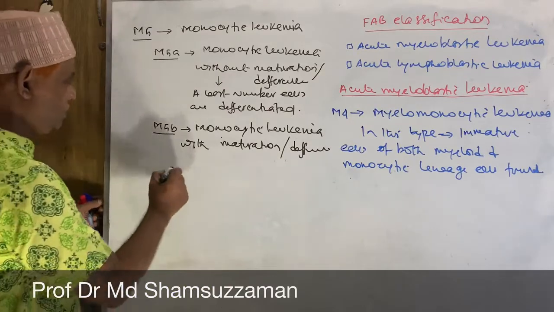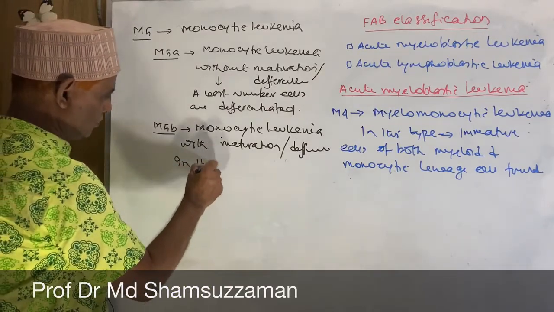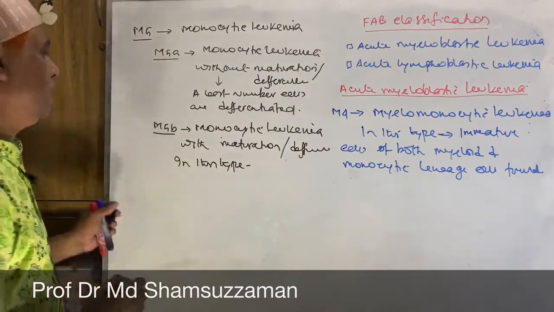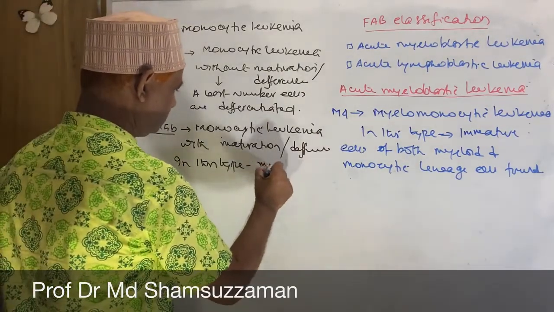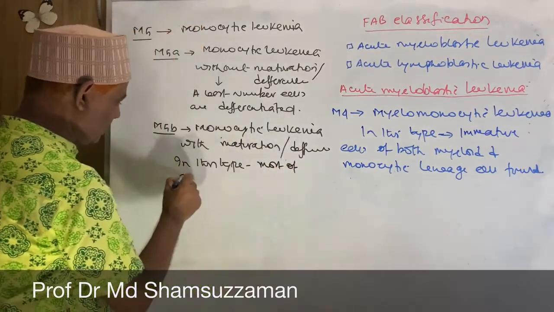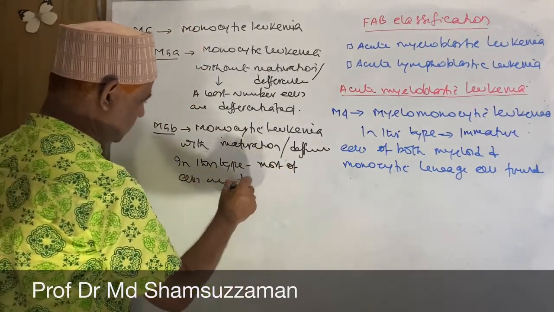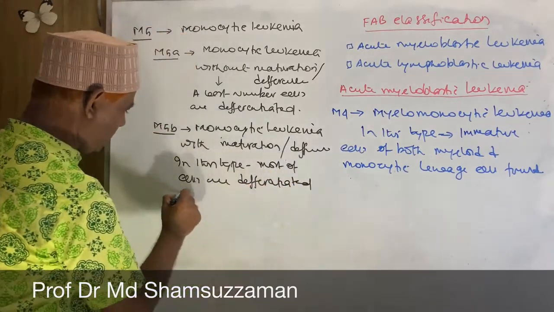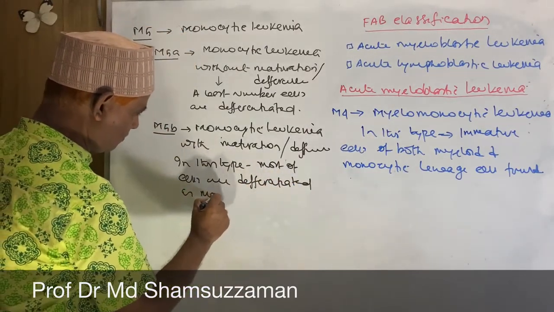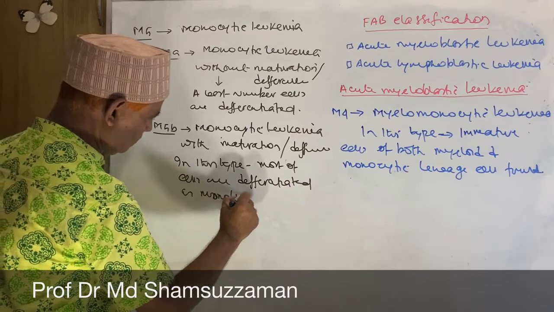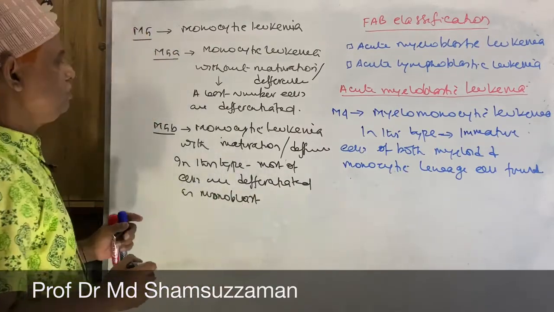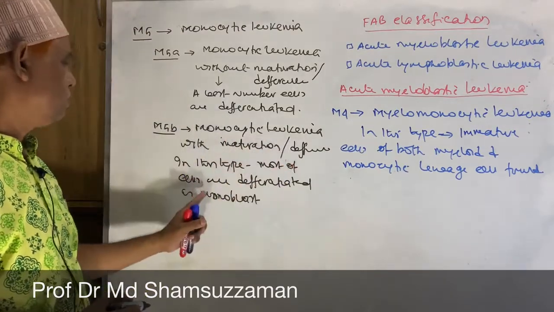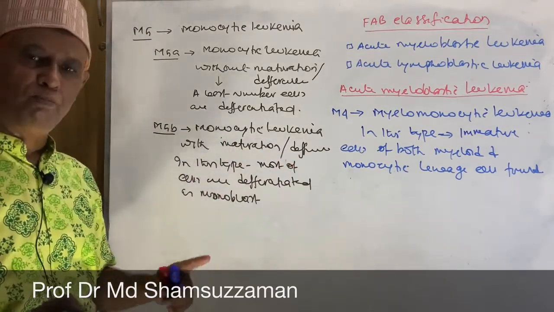In this type, most of the cells are differentiated as monoblast. So in monocytic leukemia with differentiation, most of the cells are differentiated as monoblast.